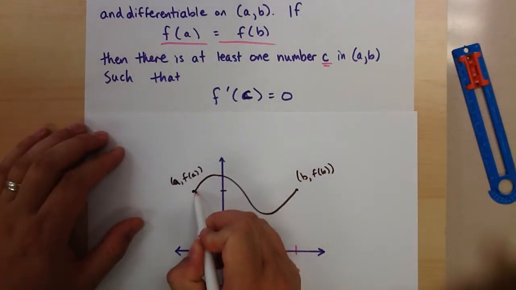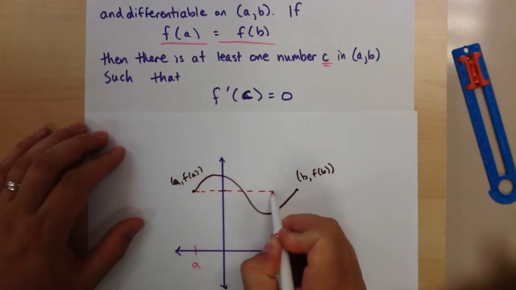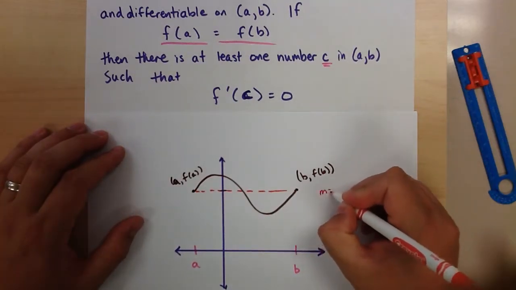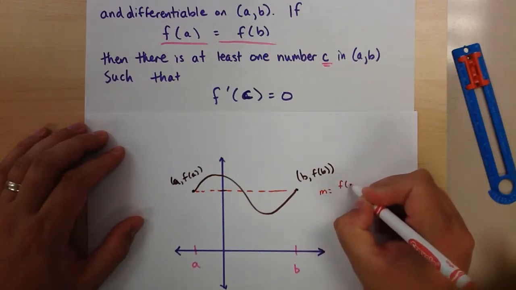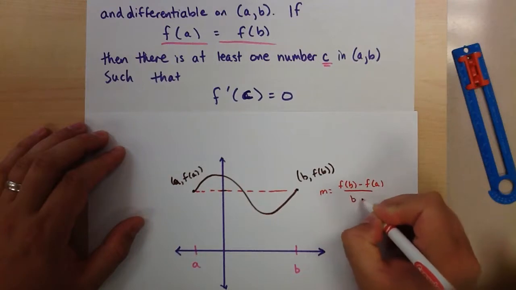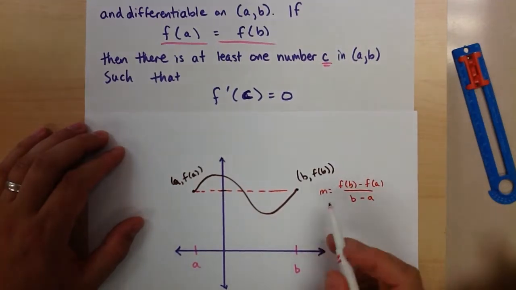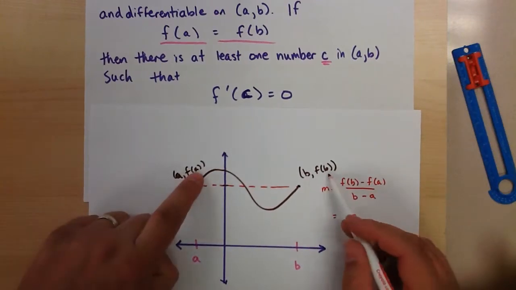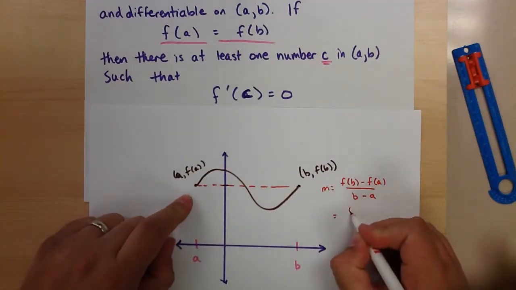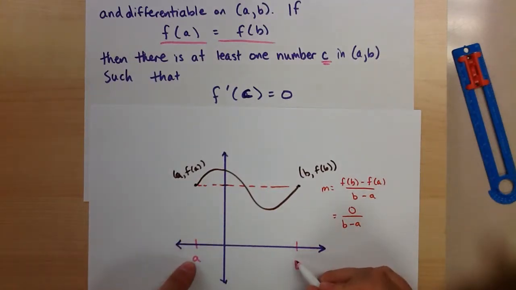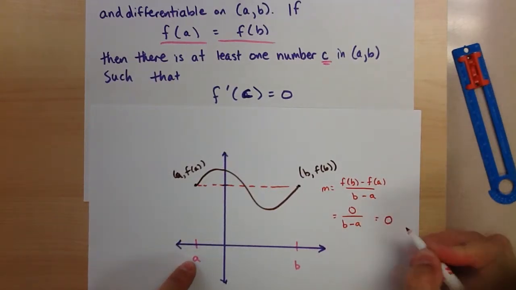All they're saying is, see that red line? That red line's slope is f of b minus f of a over b minus a. Just using some algebra 1 here. If I use the slope formula, the y values are the same, so that's 0 over two different numbers, whatever b and a are, and so my slope is 0.